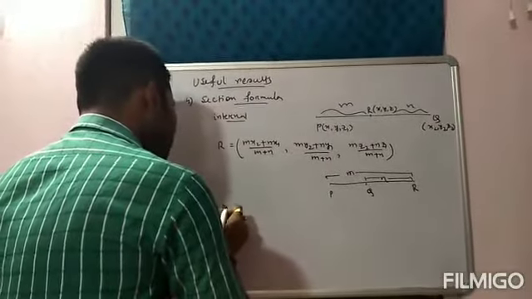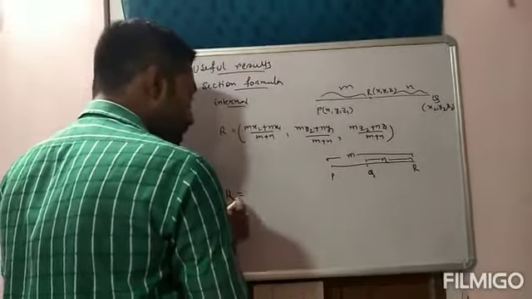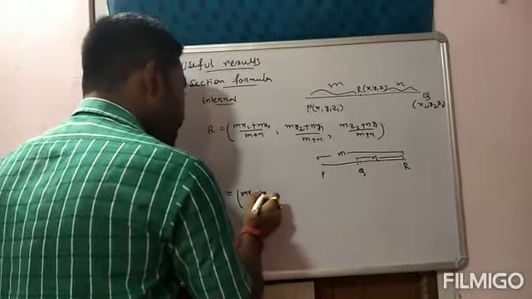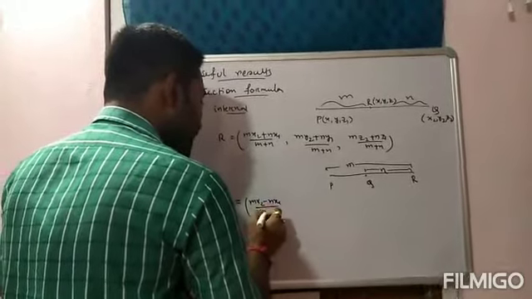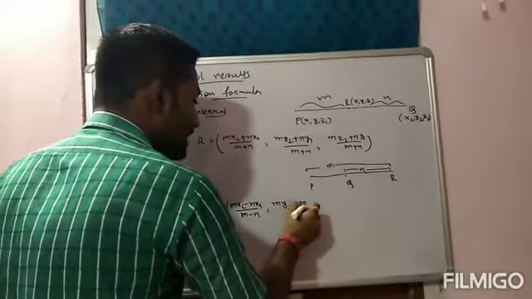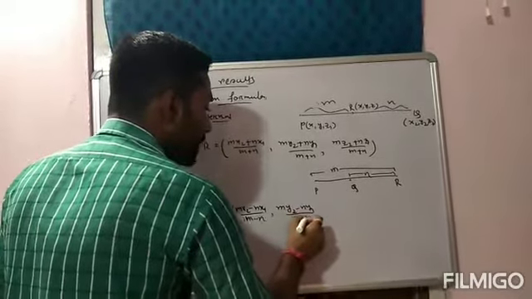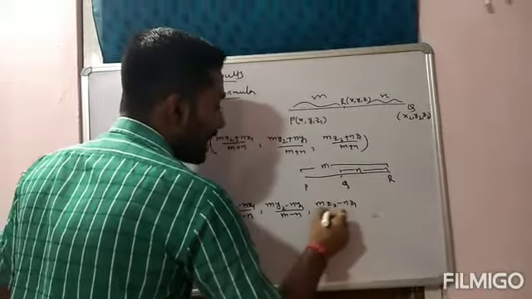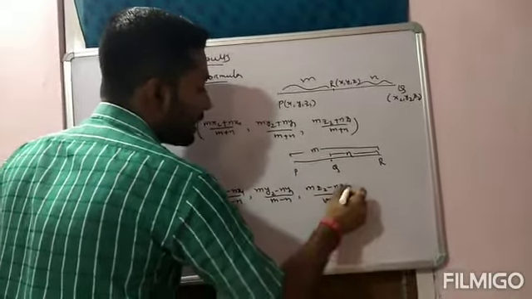Then the coordinates of R will be mx2 minus nx1 by m minus n, my2 minus ny1 by m minus n, mz2 minus nz1 by m minus n.